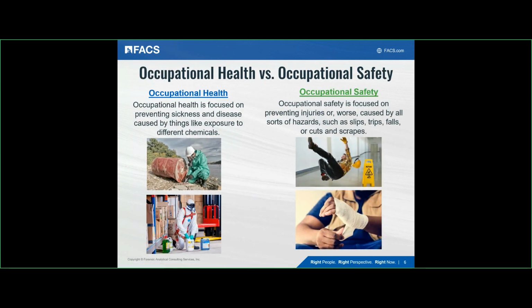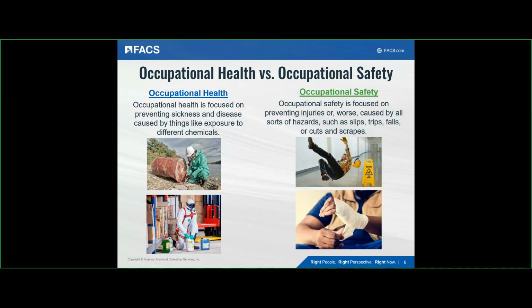So when talking about OSHA, specifically in the workforce, there's often an emphasis on safety, and rightly so. But I do think it's important to highlight some key differences between occupational safety and occupational health. Simply put, occupational health focuses on preventing sickness and disease caused by exposures to chemicals or physical hazards like noise, and even biological agents like Legionella and mold.